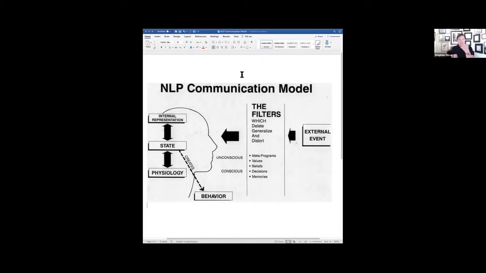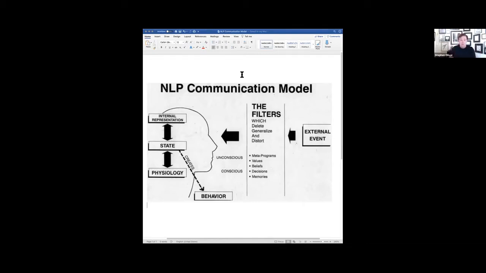And they really started with one world famous hypnotherapist, Milton Erickson, and a world famous family therapist by the name of Virginia Satir, I believe is the correct pronunciation. They looked at what she did in therapy, and what Erickson did in hypnotherapy, and they modeled that behavior and then taught that model.